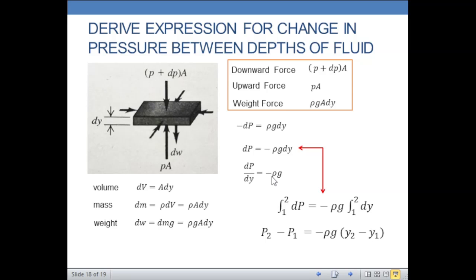It is negative because all of the forces are actually directed downward. If we still remember our Cartesian plane, the y axis going downward is negative. That is how we derive the expression for the change in pressure between the depths of the fluid.